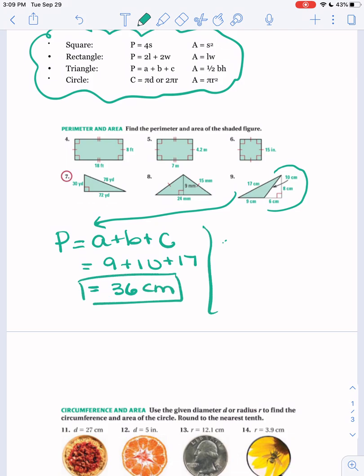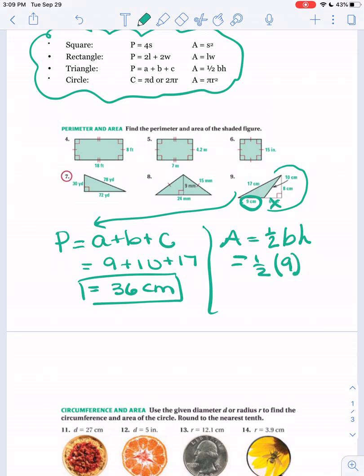Area of a triangle. A triangle is really half of a rectangle or half of a parallelogram. So it's 1/2 base times height, or length times width if you want to, or base times height. So our base in this case is 9. That's 6 we don't need. It's got nothing to do with our triangle. So our base is 9.